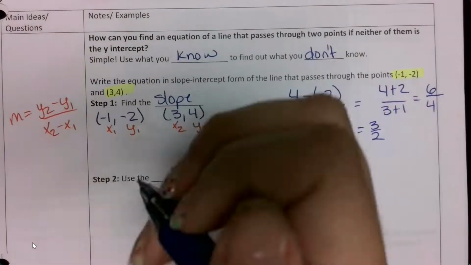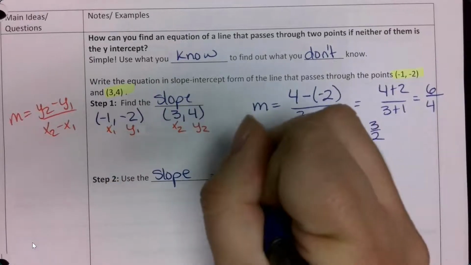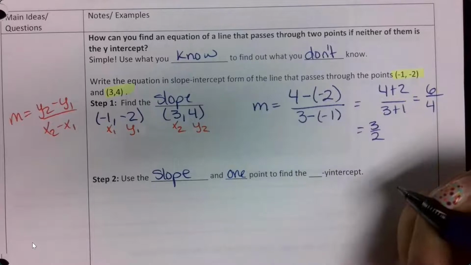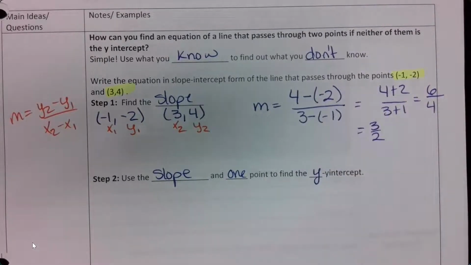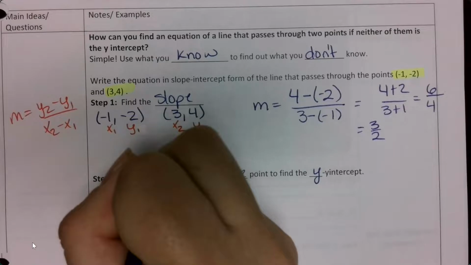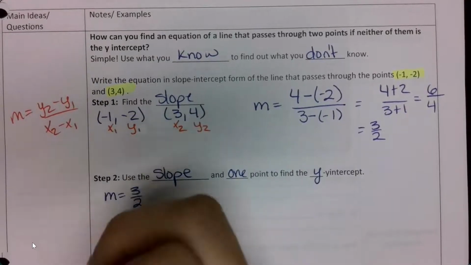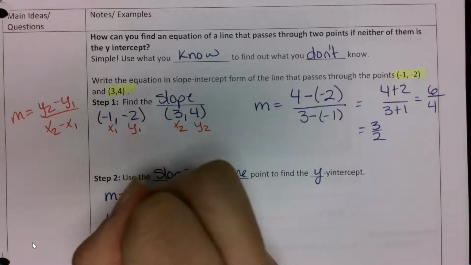Okay, so step 2 is to use the slope and 1 point to find the y-intercept. I know, typo. Okay. So my slope is 3 halves. And I'm always going to use the first point I had, so the (-1, -2).